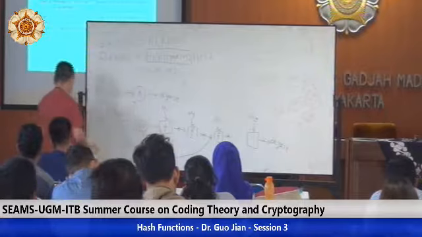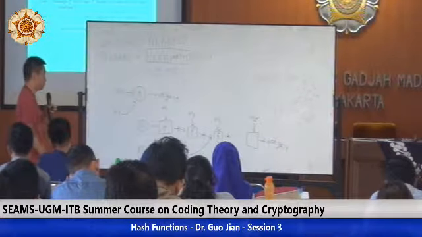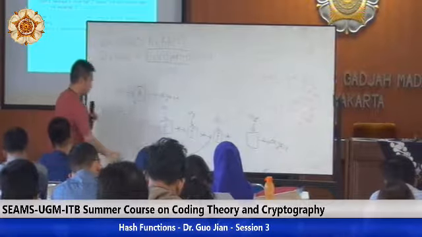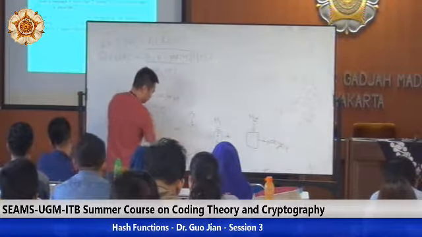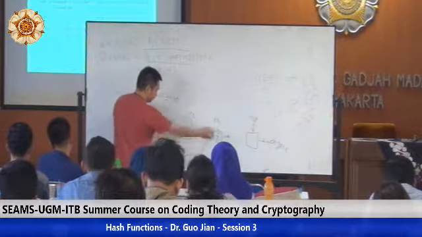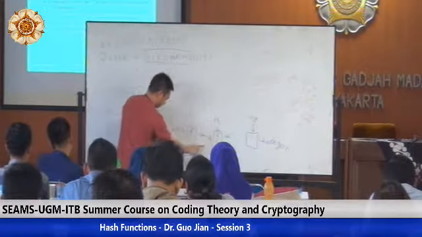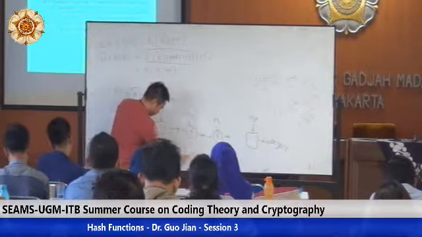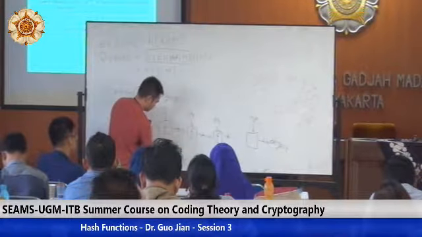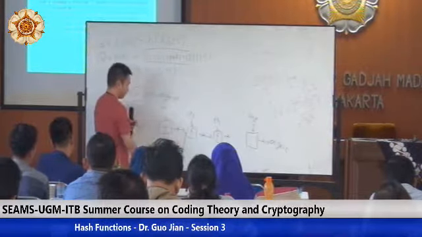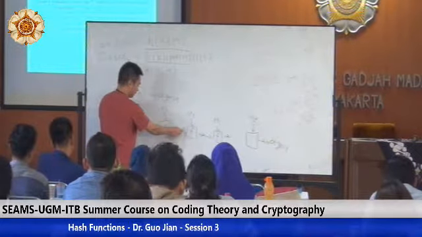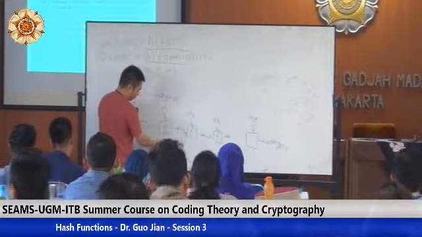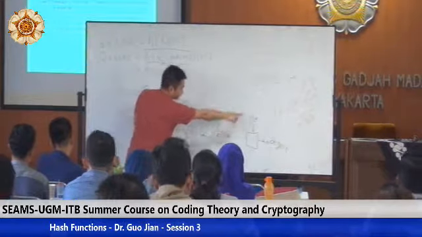So that's the problem of the second preimage. This value can hit any of them. Yeah. So if this one hits here, same value as this one, then we can go for M1 prime, M2, M3, up to M2 to the k.